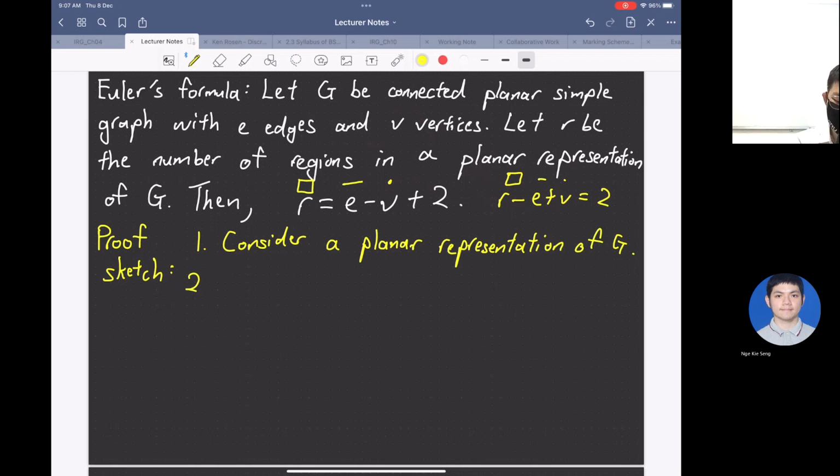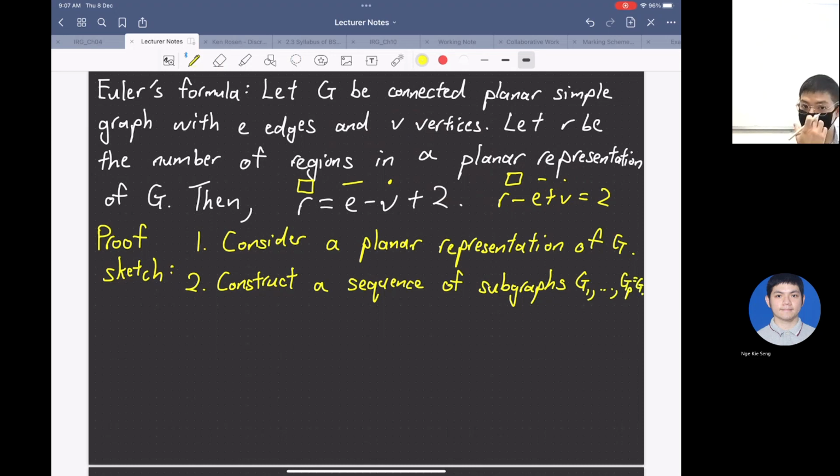Step two is to construct a sequence of subgraphs. How do you construct it? I haven't told you. We should imagine a sequence of subgraphs G1 up to maybe GP, where the last GP is G.